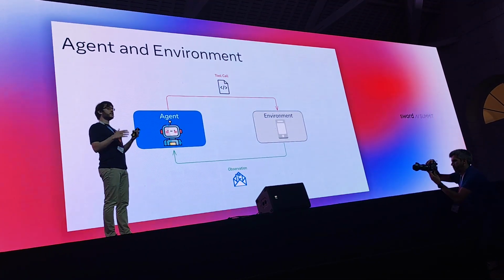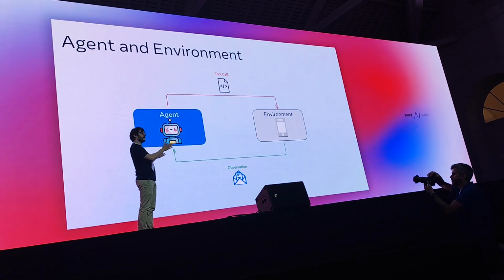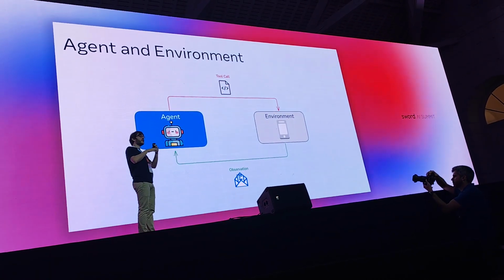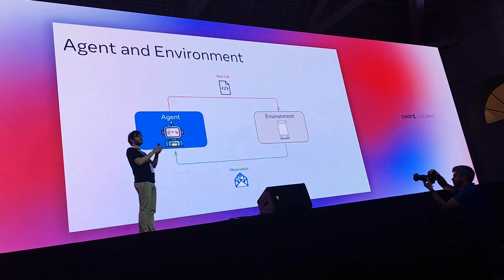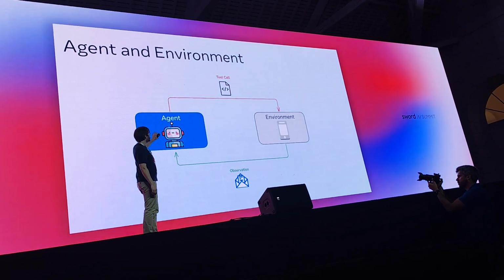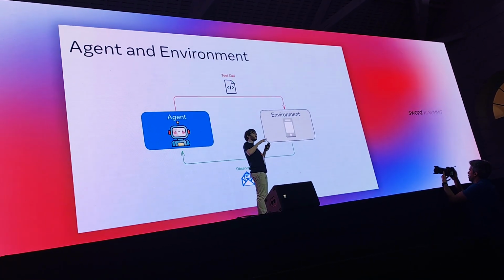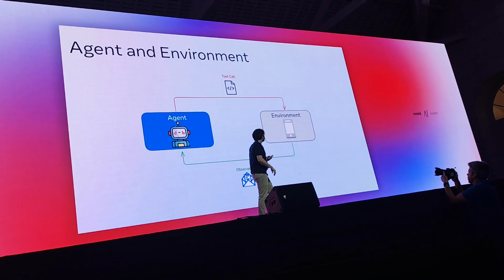So first, what is an LLM agent? An LLM agent is just first an LLM, and what we call orchestration is everything around it, like prompts and context management. Importantly, an agent lives in an environment, which is basically a list of tools.